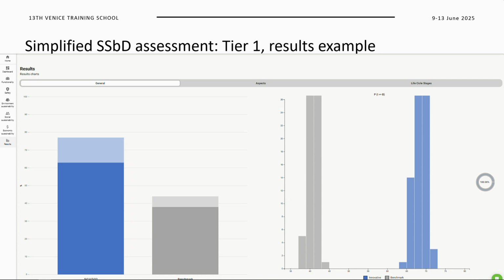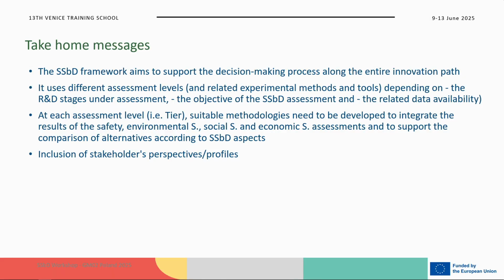Some take-home messages in relation to this. We have been discussing during these days that the SSbD framework has the main aim to support the decision-making process along the entire innovation path, and it uses different assessment levels that depend on the research and development stages under assessment.